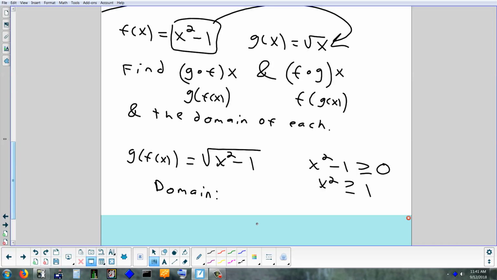So you can square any number from 1 to infinity, and it will come out bigger than 1. Or you can square any number from negative infinity up to, but not including, negative 1. And that will also come out bigger than 1. So the domain here is any number that basically has an absolute value greater than or equal to 1. Just nothing between negative 1 and 1. Any questions on the domain?